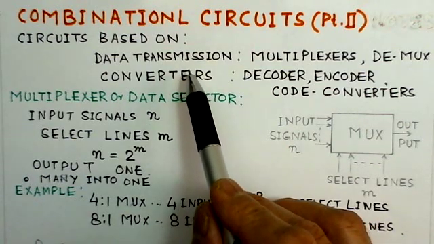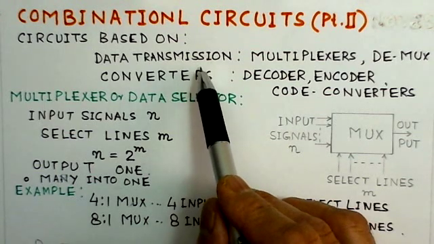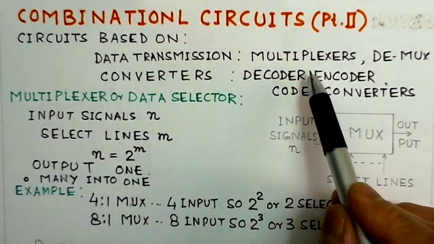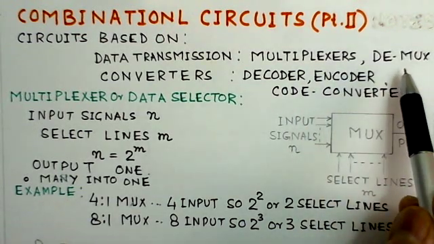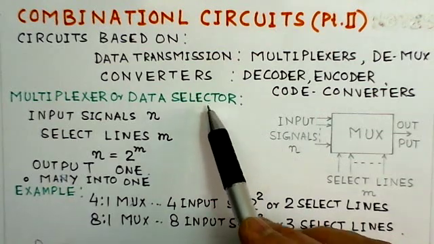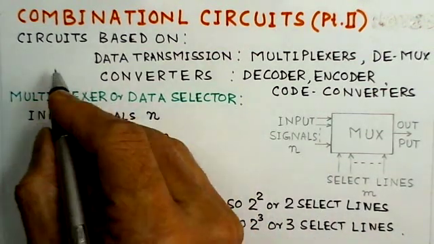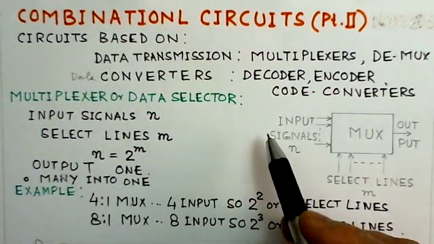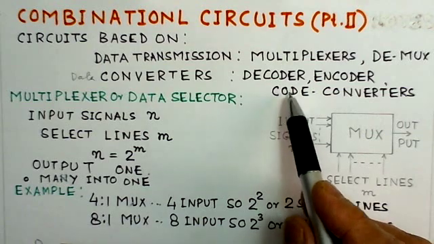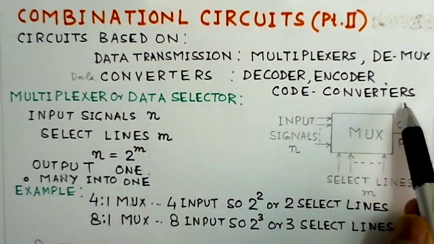One is the circuits which come under data transmission, that is multiplexers and demultiplexers. The other category is converters. I'll say data converters. You can write here data converters, and under data converters we have decoders, encoders, code converters.